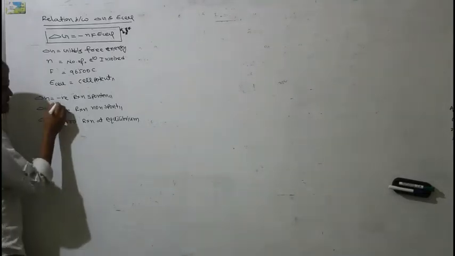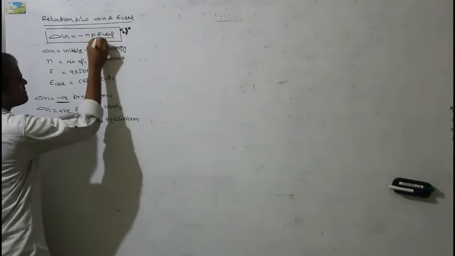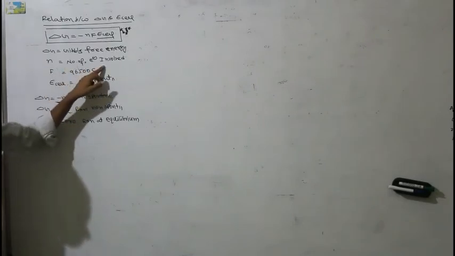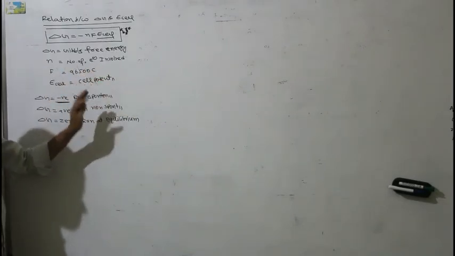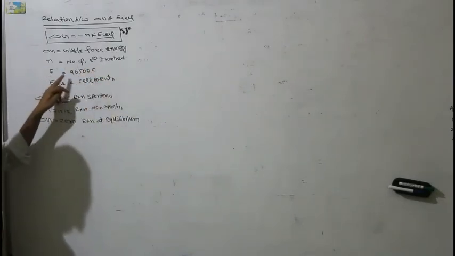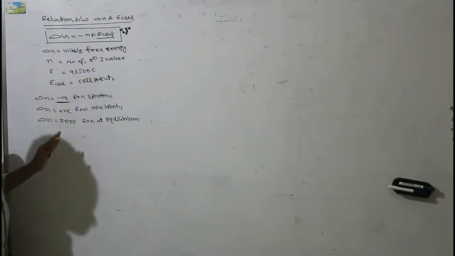At the same time, for del G to become negative, E value must be positive. The number of electrons involved will never be negative, it will be positive only. And F is equal to 96500, also positive.